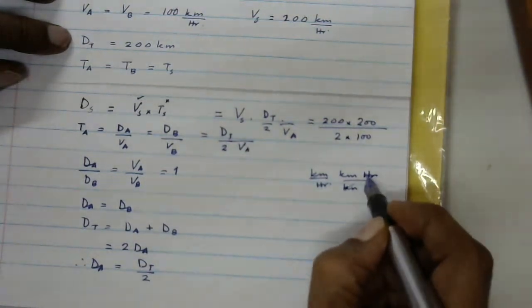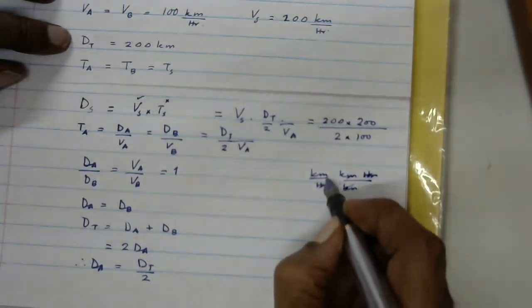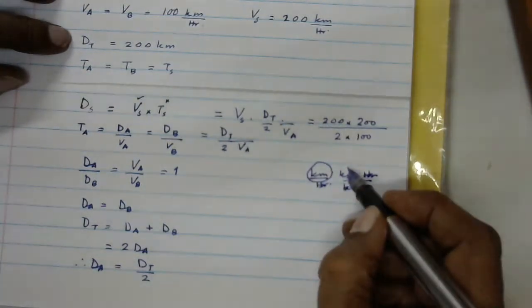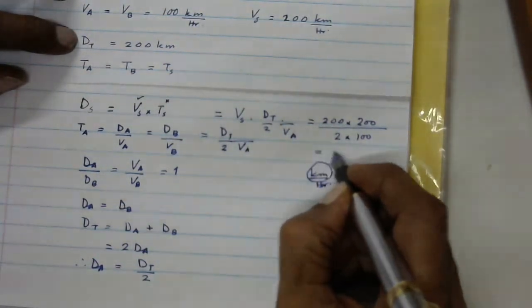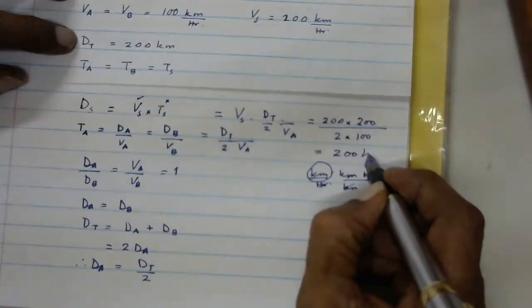So these cancel out, and we get the final unit as kilometer. So this is equal to 200 kilometers.